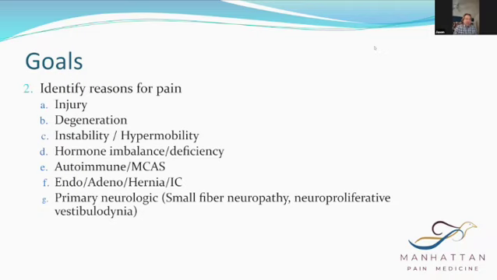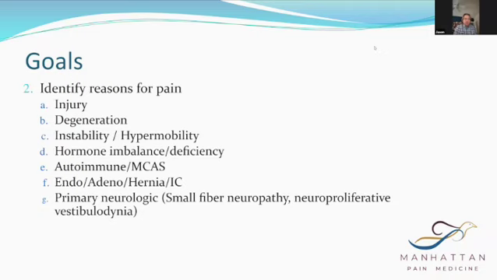So looking at reasons for pain: primary injury, degeneration, instability or primary hypermobility, which can be post-traumatic or generalized, from EDS, things like that. Hormonal imbalance or hormonal deficiencies, looking at autoimmune and immune type imbalances like MCAS. I really think of MCAS as an immune imbalance because there's usually a reason why it got triggered.